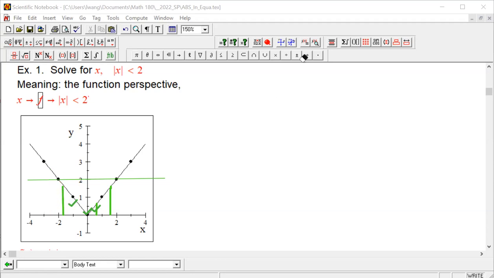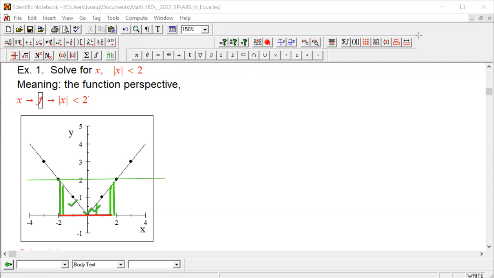All the outputs that fit our desire will be just a little bit less than 2, a little bit larger than -2, and everything in between. So all of these inputs would give us less than 2 output. Does that make sense? I hope that makes sense. That's what it is.